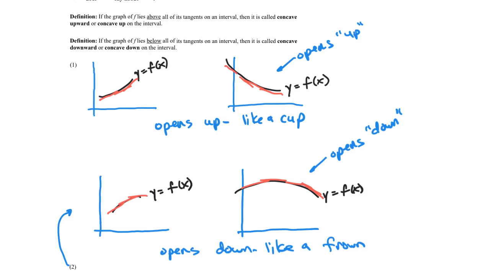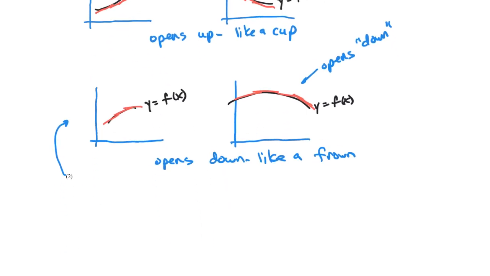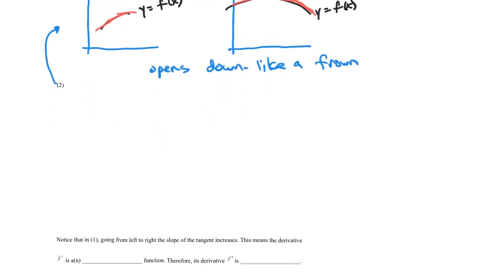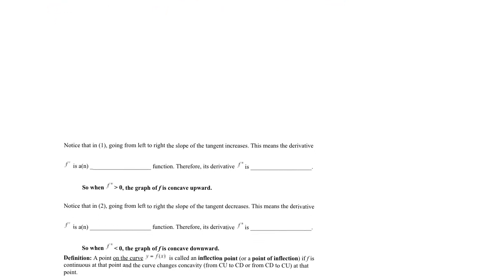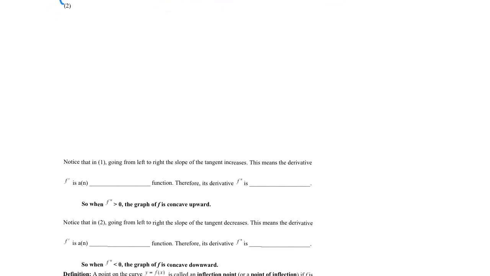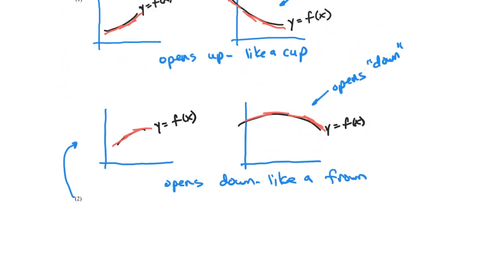So now that we have these pictures, I'm going to look at the words here. I guess we're going to have to go back and forth to make this work. Notice that in graph 1, going from left to right, the slope of the tangent increases.